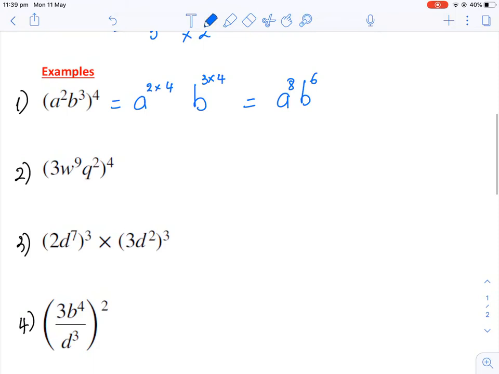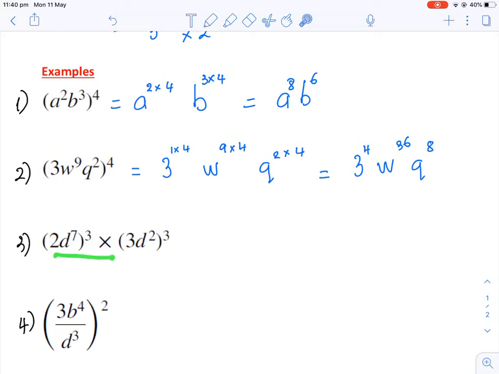So based on the fifth and the sixth index law, we will have 3 to the power of 1 times 4, W to the power of 9 times 4, Q squared times 4. And we do these multiplications to have the final answer, which is 3 to the power of 4, W to the power of 36, 9 times 4 is 36, and Q to the power of 8.